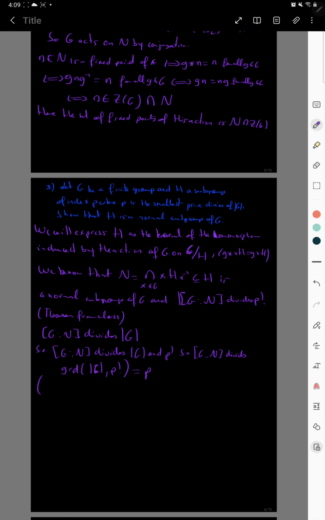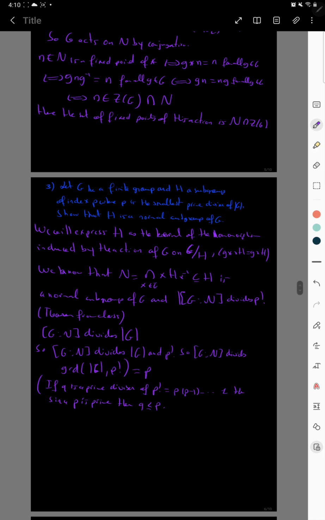Why is that? If q is a prime divisor of p factorial, which is p times (p minus 1) times ... times 1, then since p is prime, q is less than or equal to p, right? Because the largest prime divisor of p factorial is just p.